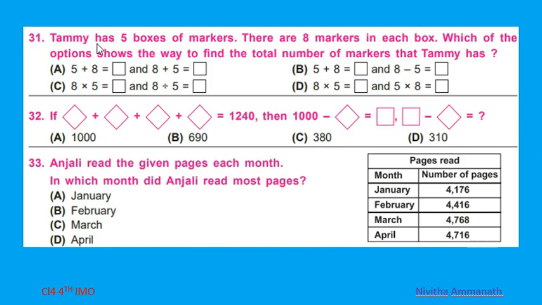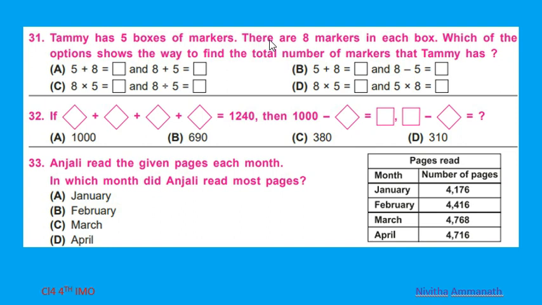31st question. Tammy has 5 boxes of markers. There are 8 markers in each box. Which of the options shows the way to find the total number of markers that Tammy has? 5 boxes of markers and each contains 8 markers.